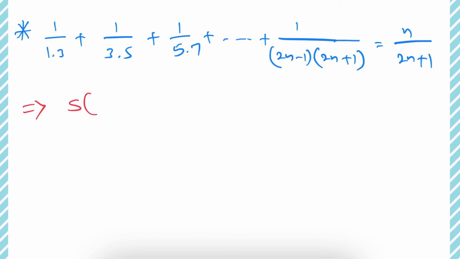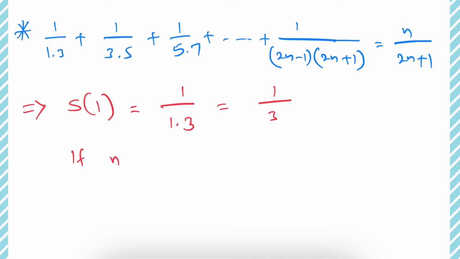Step 1, S of 1 is nothing but the sum of the first term. Here the first term is 1 divided by 1 into 3, that is 1 by 3. So the sum of the first term is 1 by 3. Now in the given formula we need to substitute 1 in the place of n.